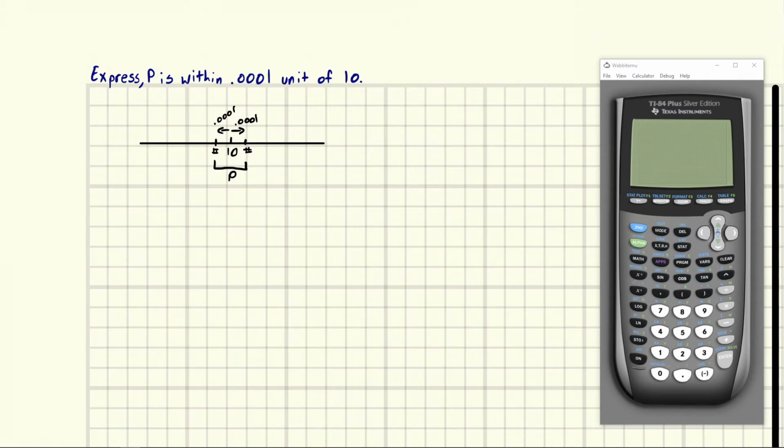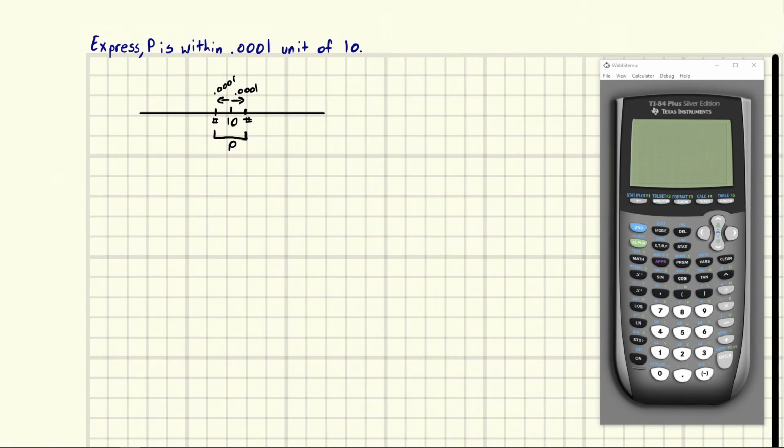So 0.0001 is what we would call a tolerance. It's an amount. We want to be within that amount of accuracy. So we want to be within this region, within this amount. And so this is like a tolerance here. We don't want to be greater than this amount.